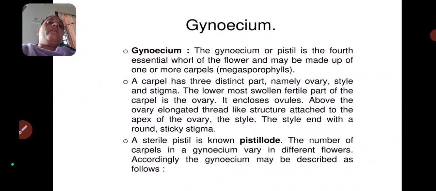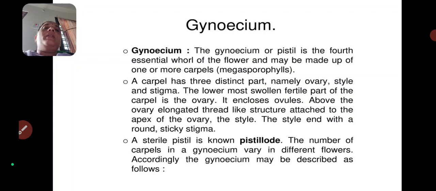Gynoecium is the female sex organ, as you already know. The gynoecium, also called the pistil, is the fourth essential whorl of the flower and may be made up of one or more carpels.